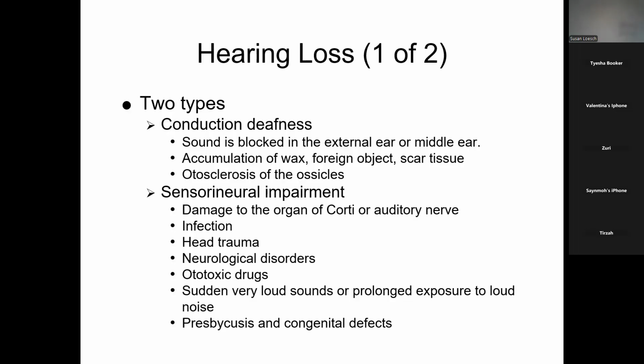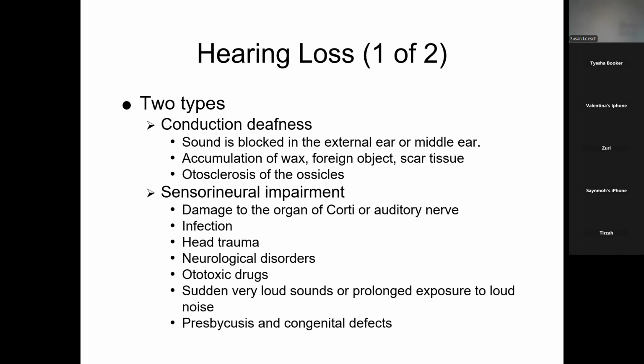Sensory neuro impairment is mostly what older adults will have. But other people can have sensory neuro impairment also. Here, we're having damage to the organ of Corti, or that hearing organ, or the auditory nerve.